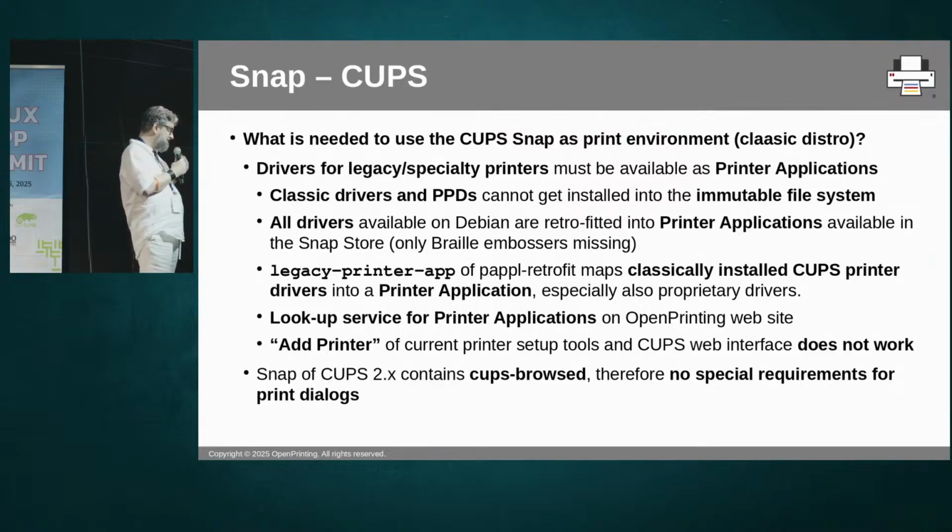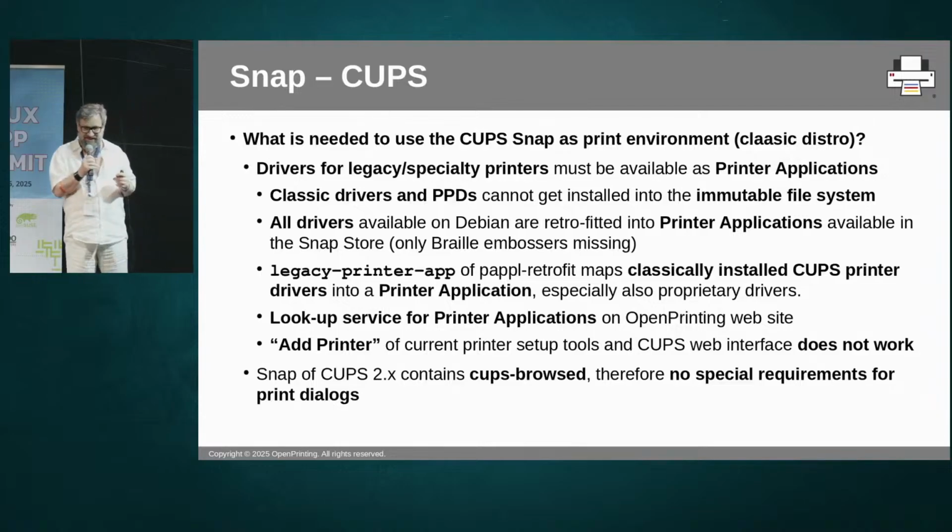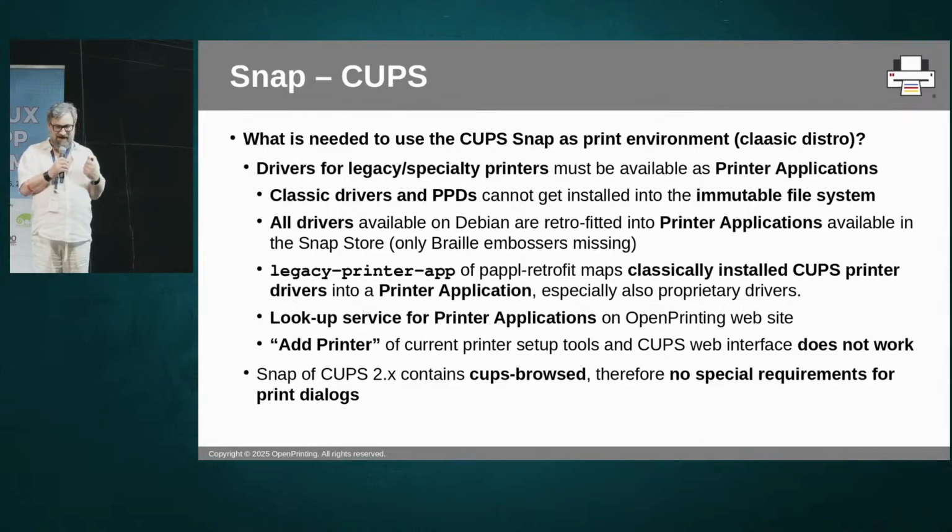Another thing is the print dialogues. With the CUPS snap, this is no problem. One problem we had with the print dialogues and CUPS is that CUPS can use an IPP printer in the network without you creating a queue. CUPS would create a temporary queue.